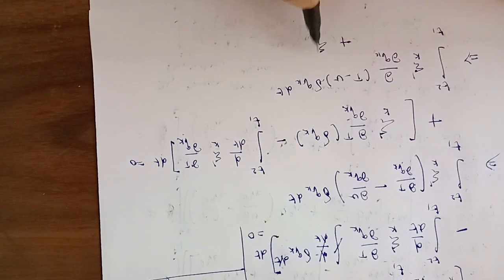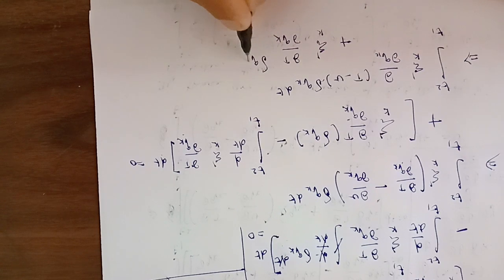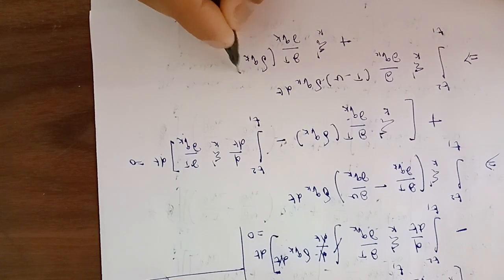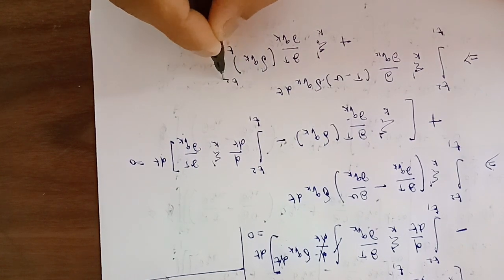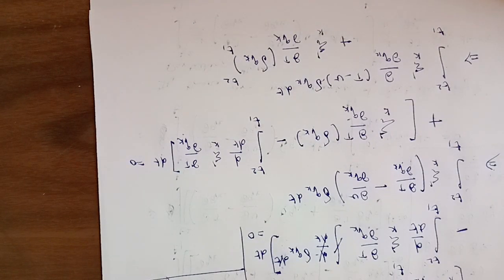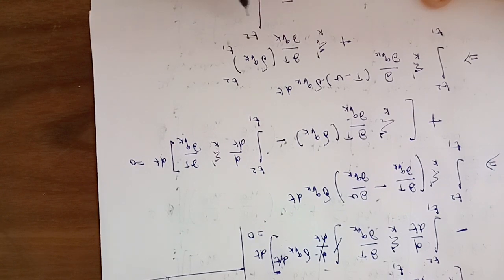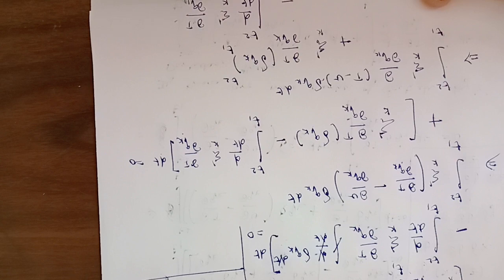The same term will come, summation of k dou t by dou qk into delta qk, as it is. Now apply this limit t1 to t2, minus integral t1 to t2, this term as it is, d by dt of summation of k dou t by dou qk into delta qk into dt equal to 0.